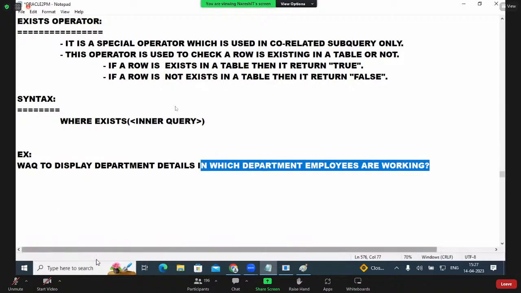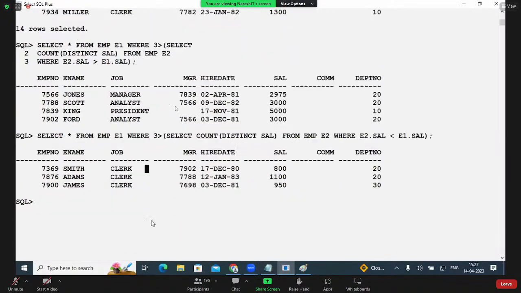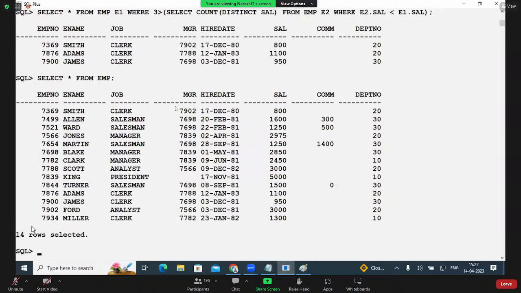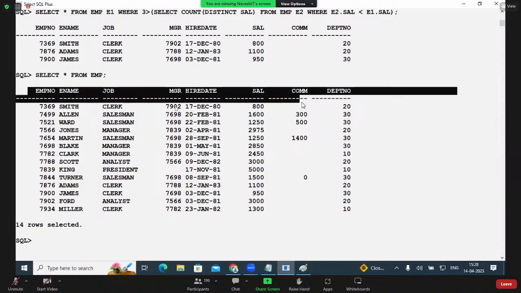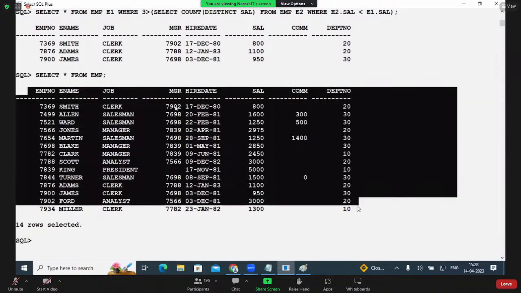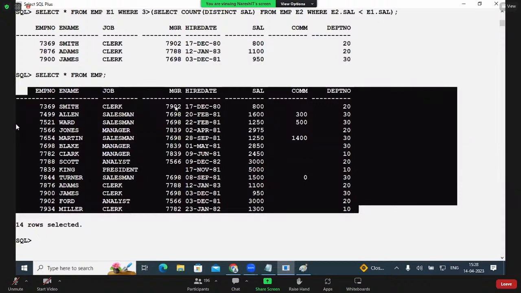Now let me come out and see. First of all, observe. Suppose here I have one table, the working table EMP. In the EMP table I have a total of 14 employees, but this is completely employee-related data only. There is no department data.